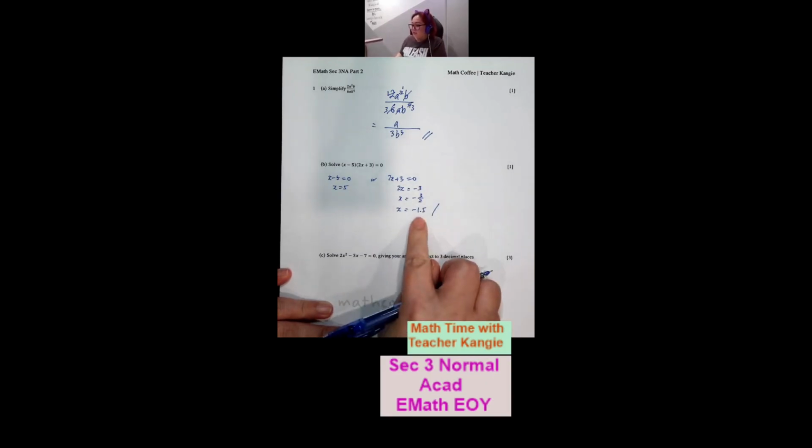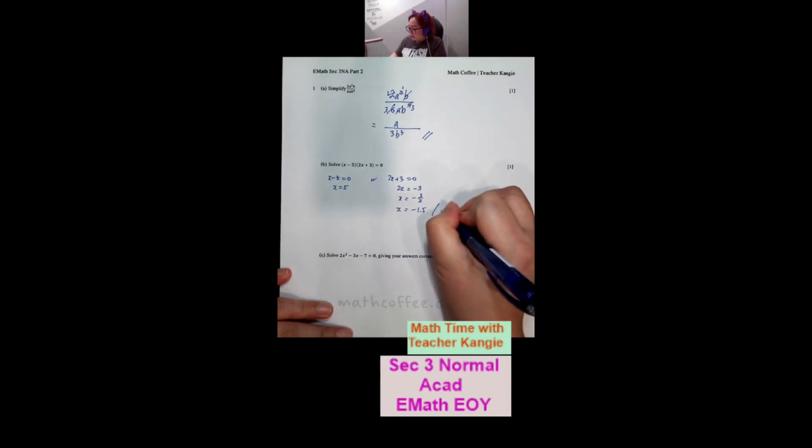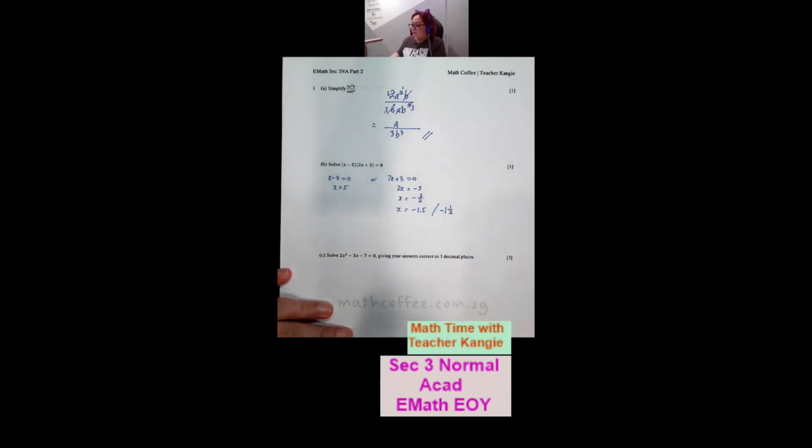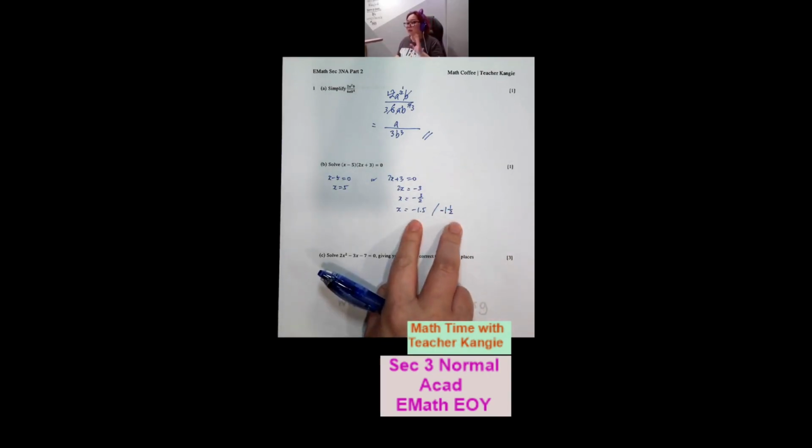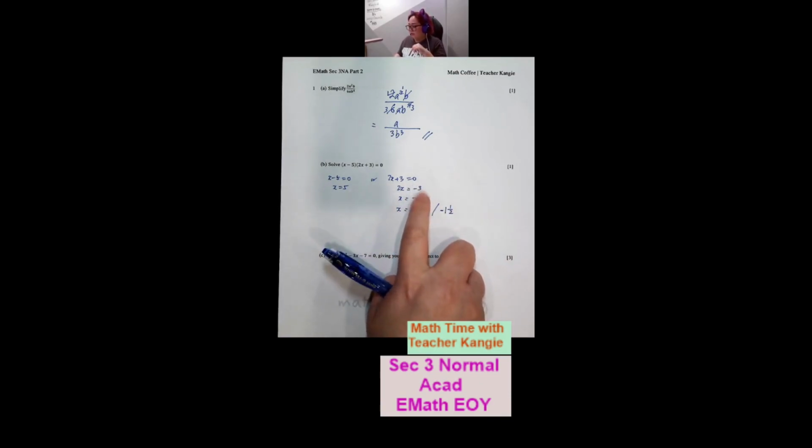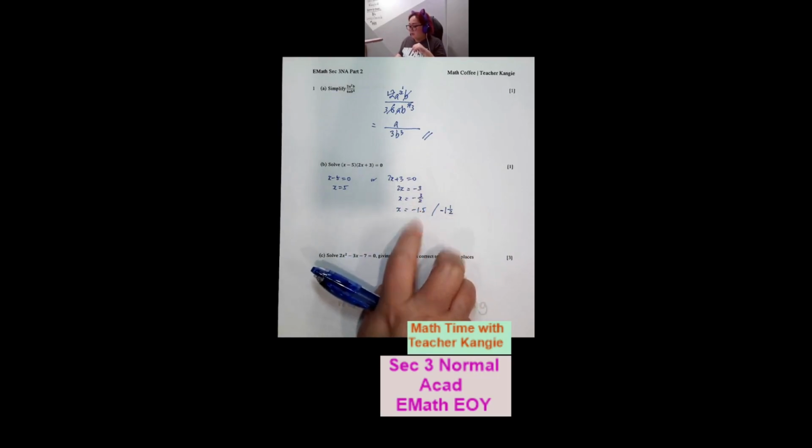You can write it as negative 1.5 as a decimal or as a mixed number, both are the same value. Don't leave the answer in improper fraction. Leave your answer in either decimal or mixed number.